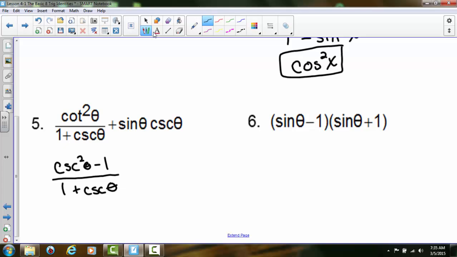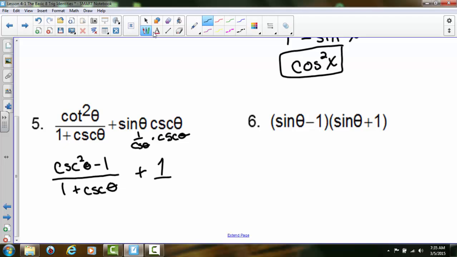And then, so here, sine theta is 1 over cosecant theta times cosecant theta. Well, that's simply 1. So now I have this is plus 1. Okay. So I'm looking at this and I'm like, what else have I got? Okay.